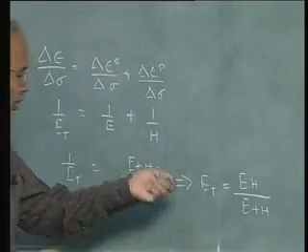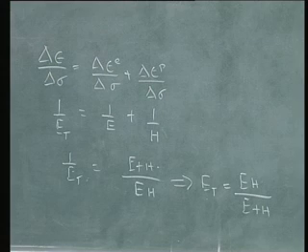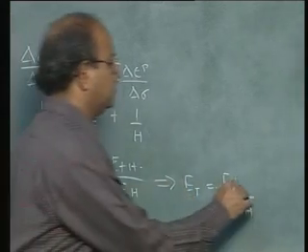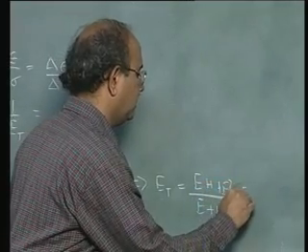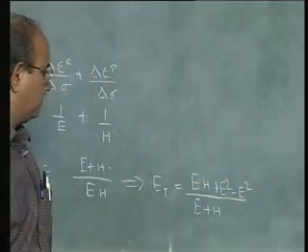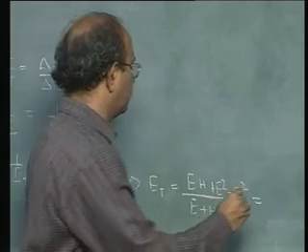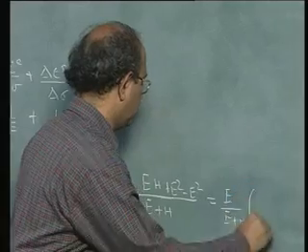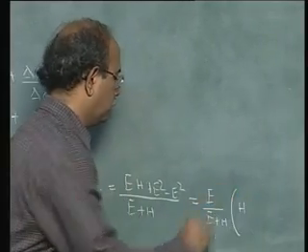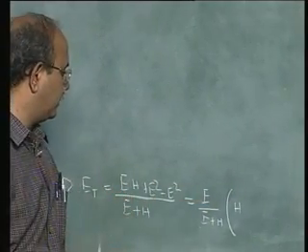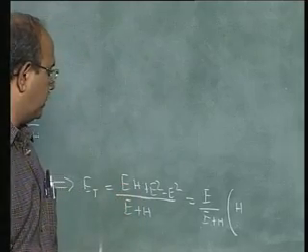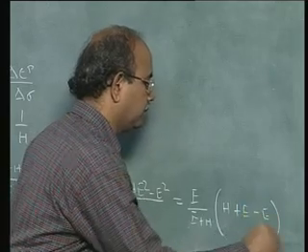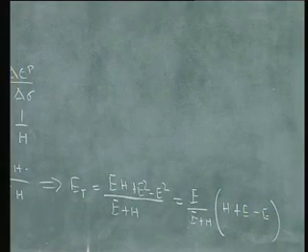I'm going to do a small manipulation with some purpose. So now let me add E squared and minus E squared. So that is equal to E divided by E plus H into H, the first term H here, plus E minus E. That's what you get.